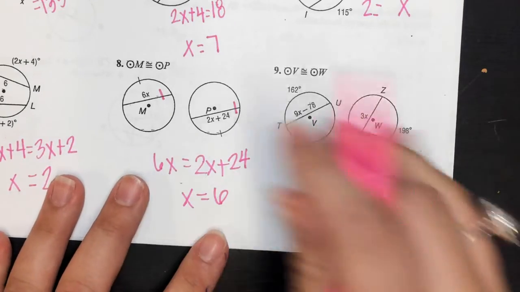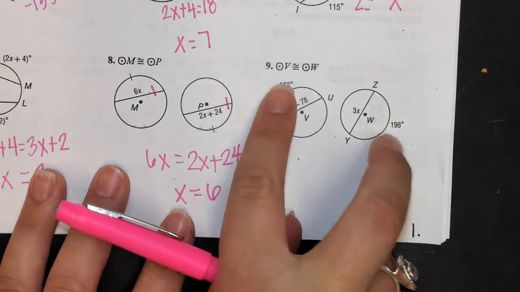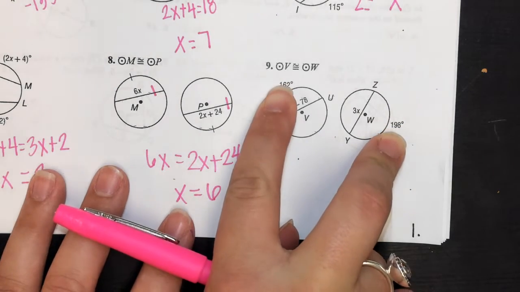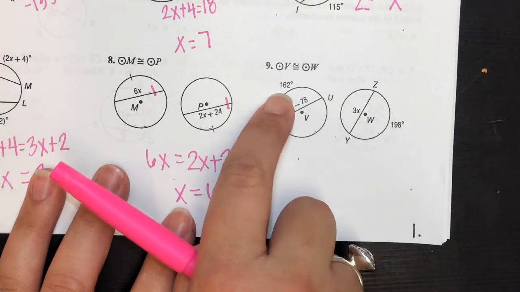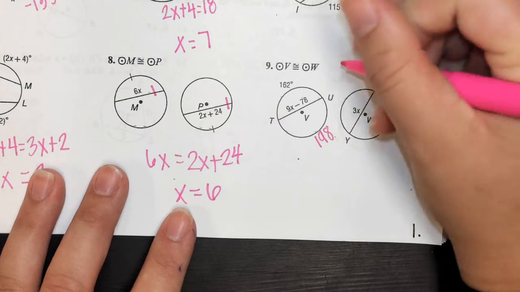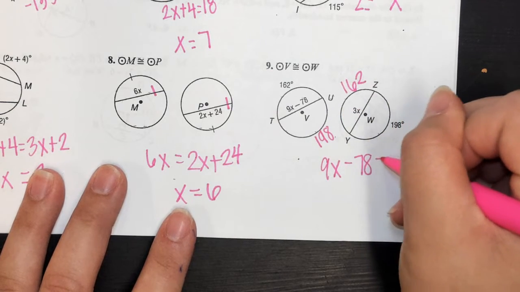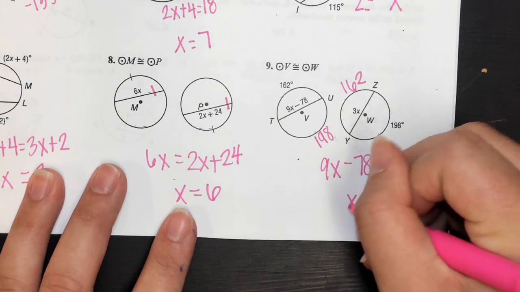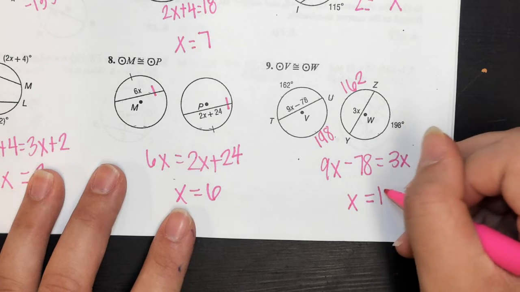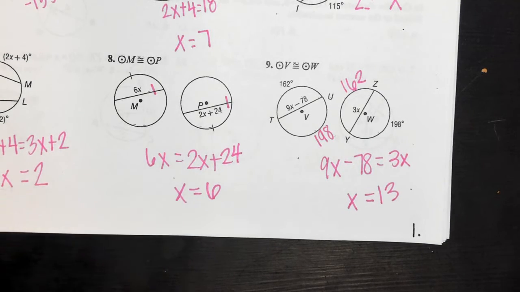And same for over here. Now you see how they're trying to throw these numbers off to confuse you? It's just backwards. So 360 minus 162 is 198. They're just trying to confuse you. So to find x, set these equal, and 3x. X is equal to 13.